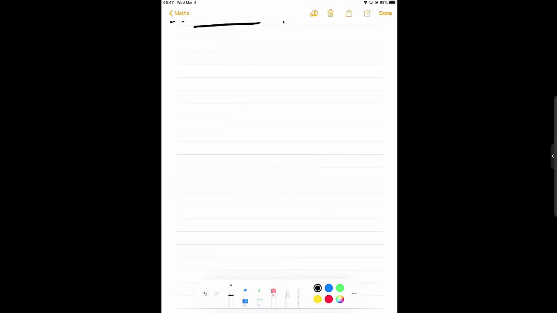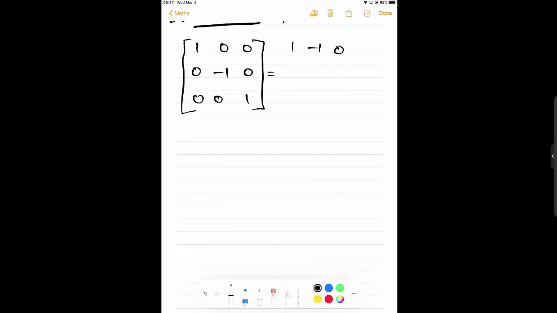Based on this value, fill the matrix: 1 0 0, 0 minus 1 0, then 0 0 1. So almost near to an identity matrix. 1, minus 1, 0, 2, minus 3, 4, dot A. So only one term remaining here.